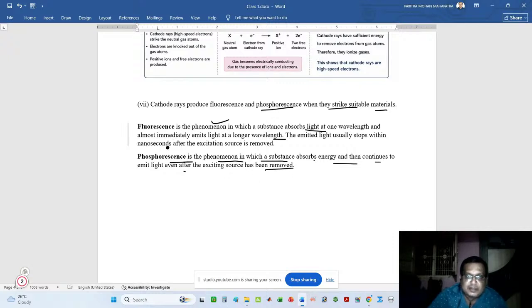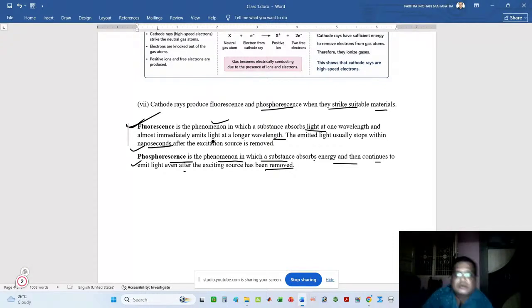Both fluorescent and phosphorescent substances emit light after cutoff of the exciting source. But remember, a fluorescent substance shows light for a nanosecond, but a phosphorescent substance shows it for more time as compared to the fluorescent substance.